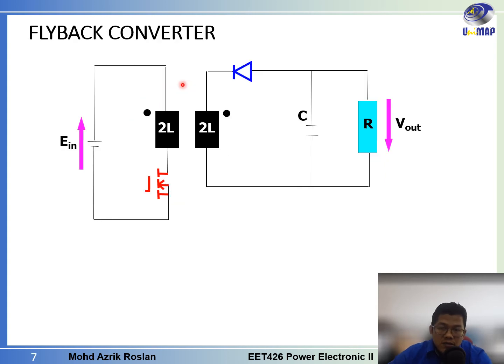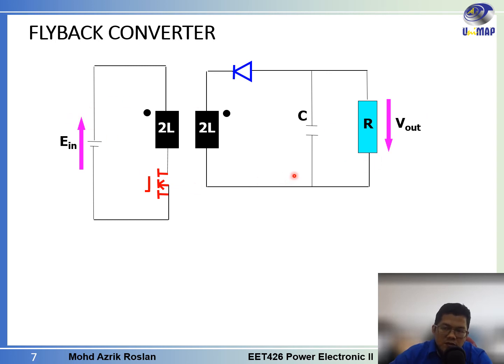Okay, and then we can say that the flyback converter is just an isolated buck boost converter with the isolation at this part. And then we can have the voltage polarity the same as the buck boost converter, which is reverse with the input voltage, and we can also have the output voltage which is the same as the input voltage.